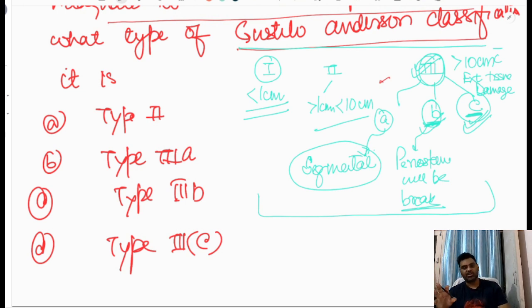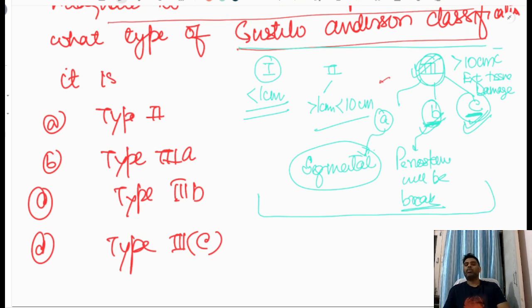After the tissue damage subsides, then we do open reduction and internal fixation. That is, through surgery we open the skin, and with the help of implants we do the internal fixation. But initially we cannot do internal fixation, so we put an external fixator.